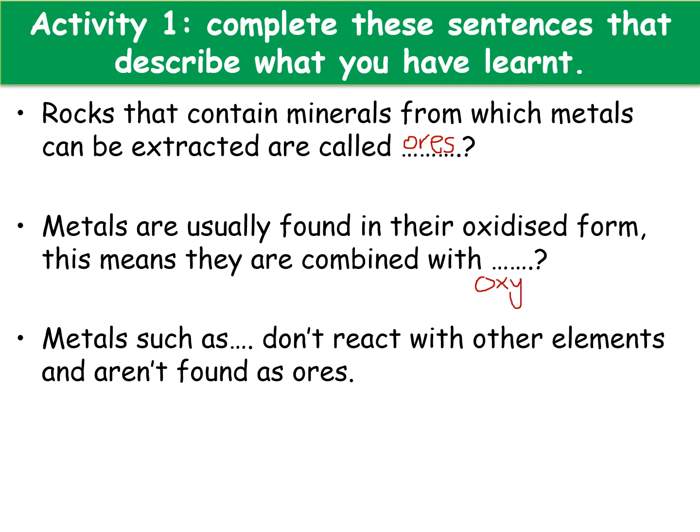Oxygen. And finally, metals such as something don't react with other elements and aren't found as ores. Now you need to have chosen one of the metals on the previous slide, which is gold, silver or platinum. Any of those 3 will work in that final sentence there.